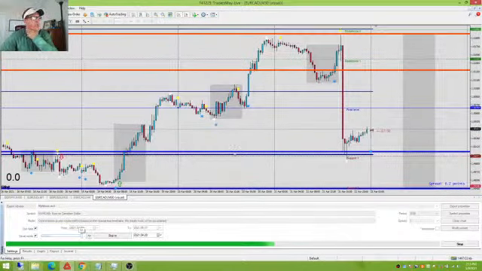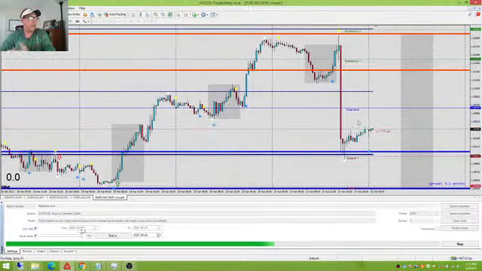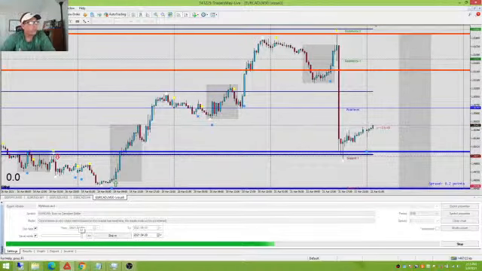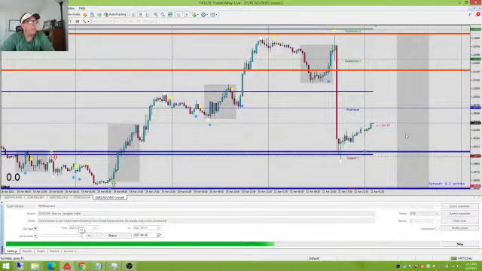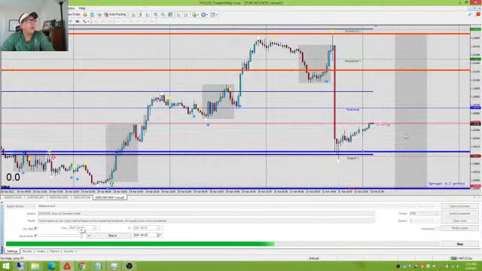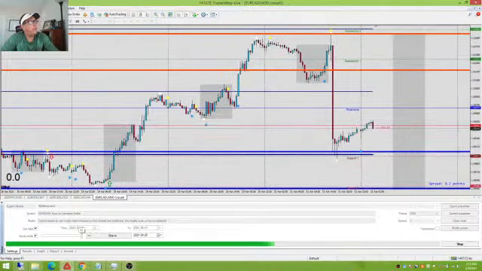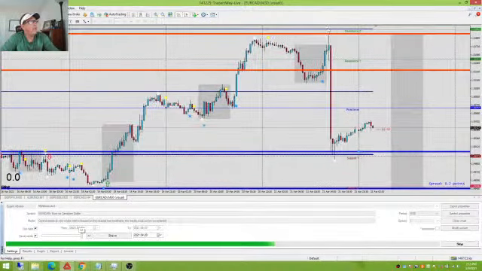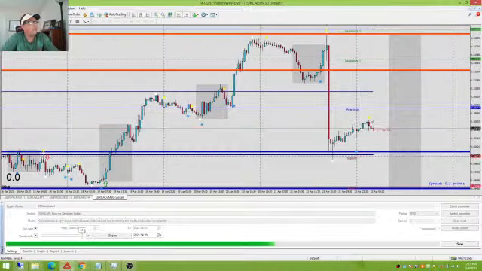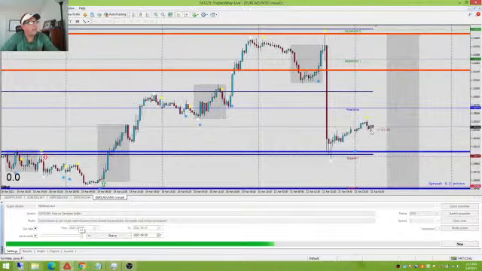Then what I do is look to see how they behave, if they kind of flash. Basically, for example, you see how it's closed on this candle, but it's not.